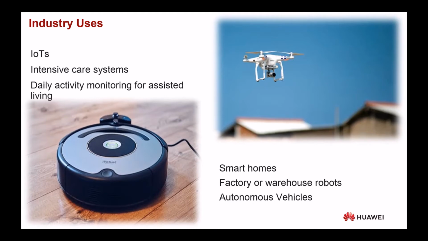We can have factory or warehouse robots taking readings and applying AI algorithms to identify patterns that predict equipment breakdown. We're also all familiar with smart home systems like Alexa, etc., and even very advanced systems like autonomous cars where edge can be incorporated to provide a variety of functionalities.